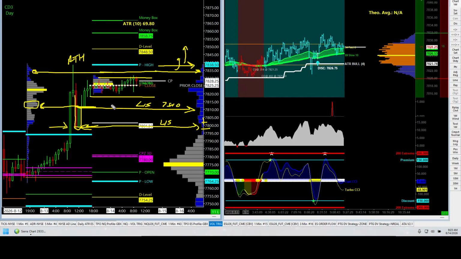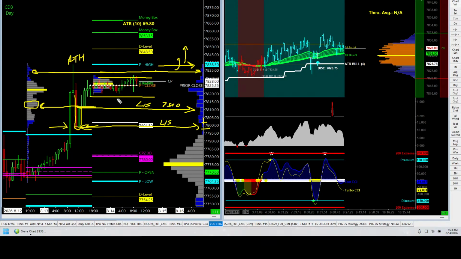A true line in the sand, the way I was taught back in the day, was an inflection point between buyers and sellers. And again, the whole premise of a line in the sand is bullish above, bearish below.